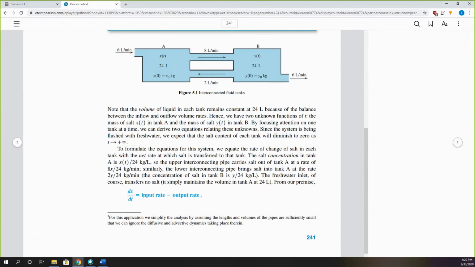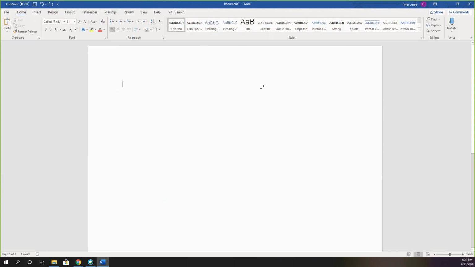So dx/dt is going to be the amount of salt that's coming in minus the salt going out. dy/dt would be for tank B, the salt going in minus the salt going out. So I'm not going to bother writing that. Let's split this up into our 2 separate tanks. So we're going to have tank A, and tank A is going to have the change, dx/dt.